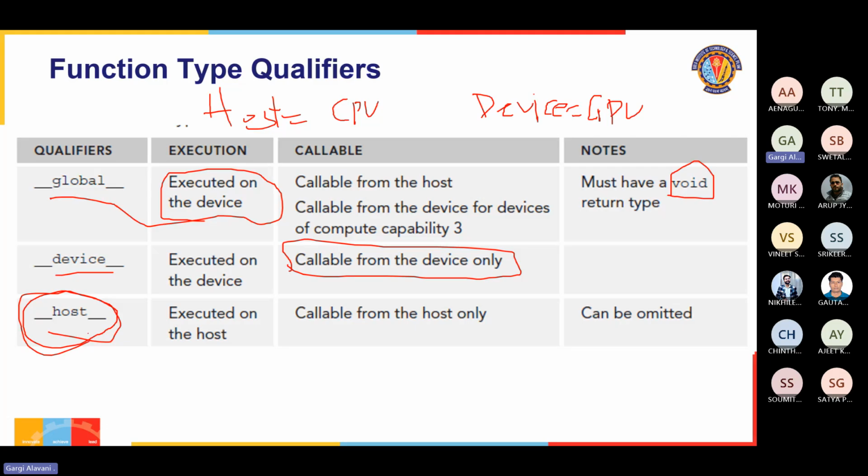But if you put it, it is good for readability, and easier to pinpoint where it is executed. A host function is executed on your CPU only, so you cannot call it from your device. It is callable by the CPU only.